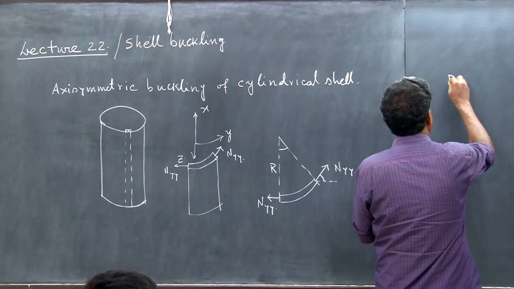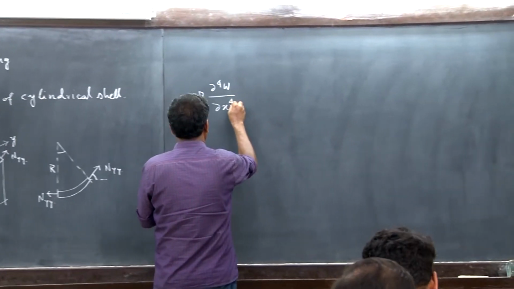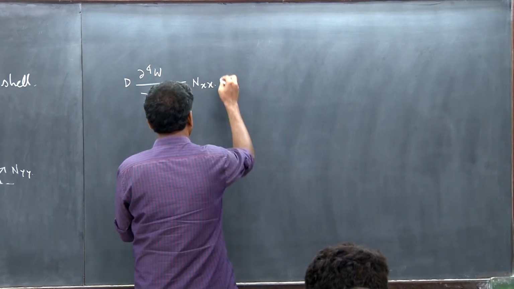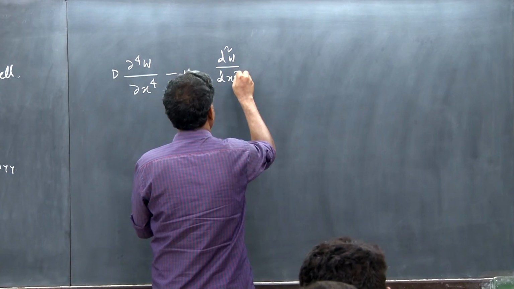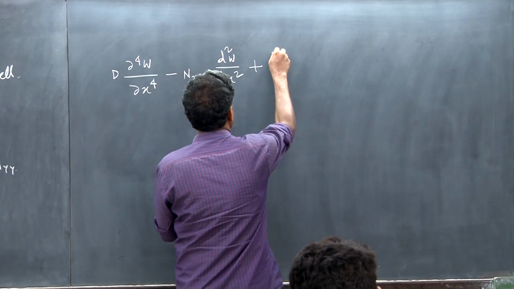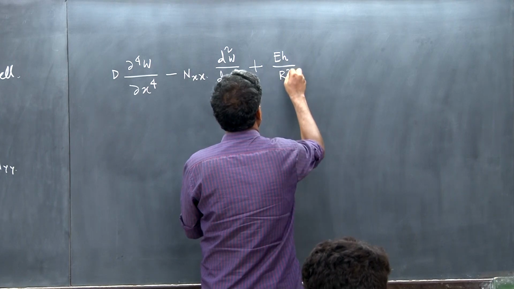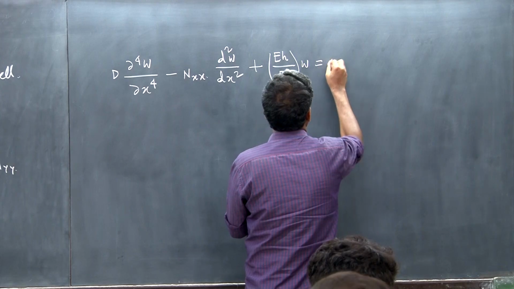The governing equation was: d^4 w/dx^4 minus N_xx d^2 w/dx^2 plus (E h / R^2) w is equal to 0.